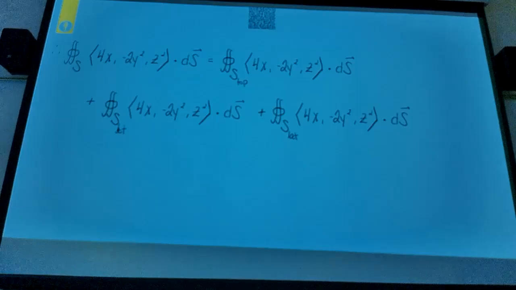Closed surface integral is the sum of all surfaces. So total net outward flux would be the sum of your net outward flux through each of the 3 surfaces.